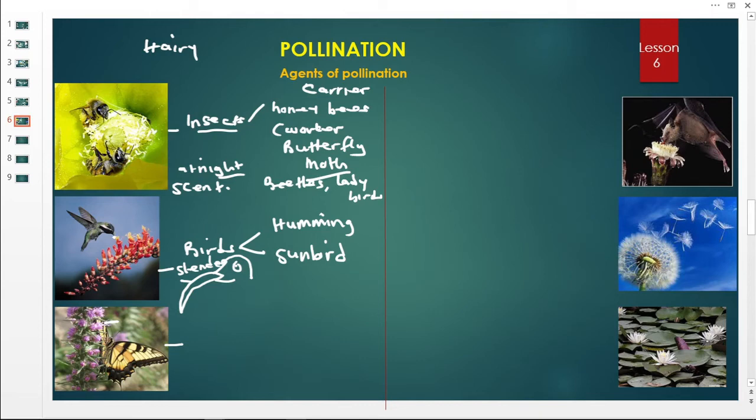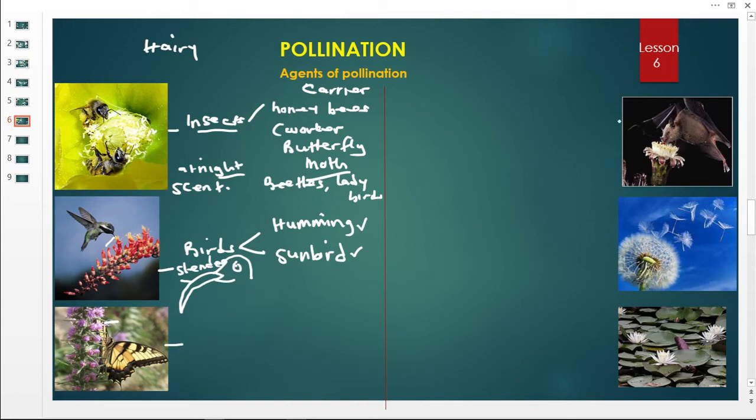It is curved and long to reach the base of a flower, and it gets what we call nectar. In so doing, it is carrying pollen grains from this flower onto this one, like that. So these birds pollinate flowers, and examples we have are the sunbird and the hummingbird.